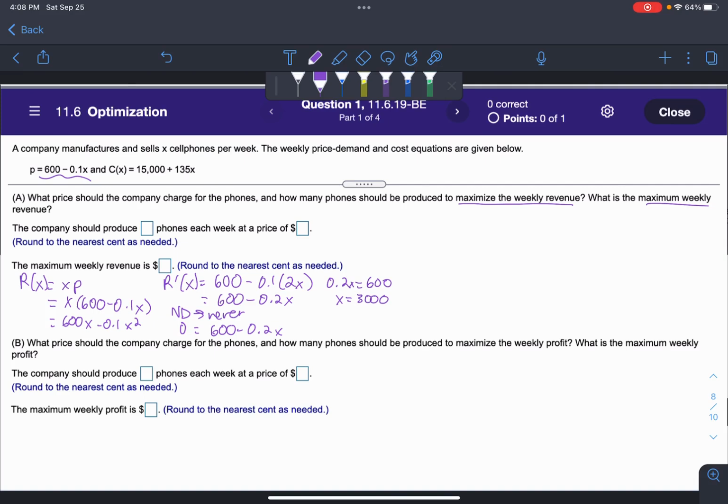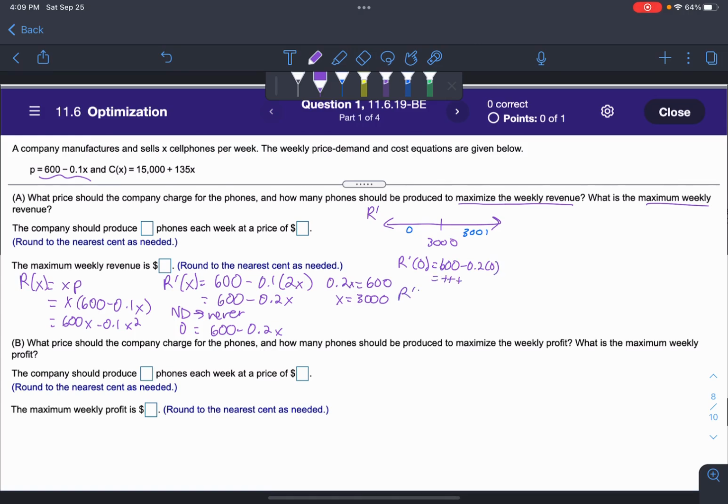So now we have to verify that x equals 3,000 is a maxima. Let's make a quick sign chart. We can test the points 0 and 3,001 and plug them into my R prime. R prime of 0 is 600 minus 0.2 times 0, which gives me a positive number.